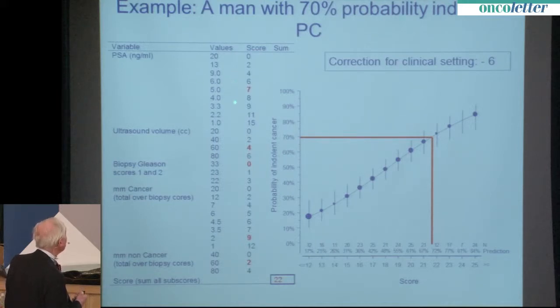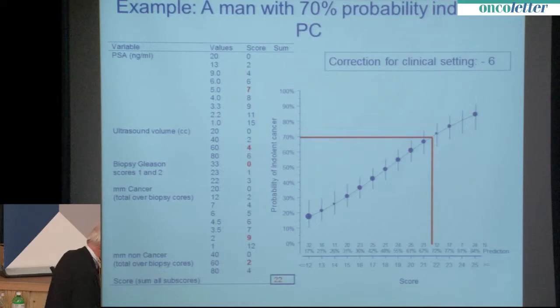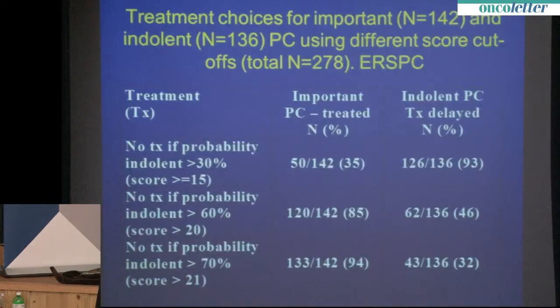You have to have the PSA, you have to have the ultrasound volume, you have to have the biopsy Gleason score, but also the total length of cancer on the biopsy cores and the total length of non-cancer in the cores. So this is information that is not very easily available to everybody.